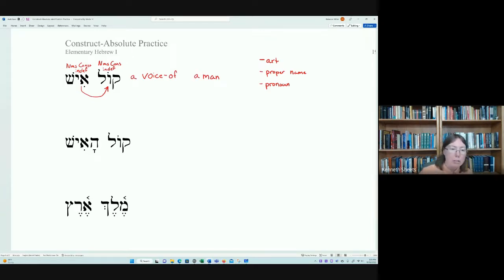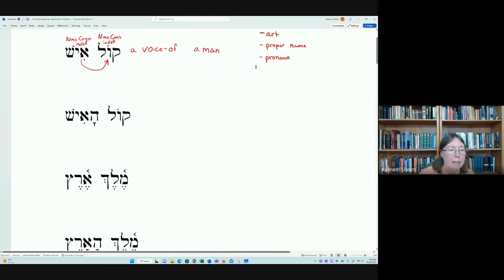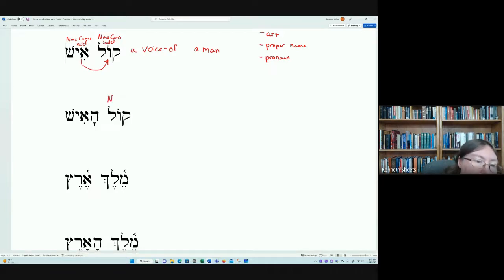But this changes when we come down to the next example here. Kol ha'ish. So notice I've got the same construct noun here: noun, masculine, singular construct. And then I have ha'ish, a noun, masculine, singular. It is absolute.